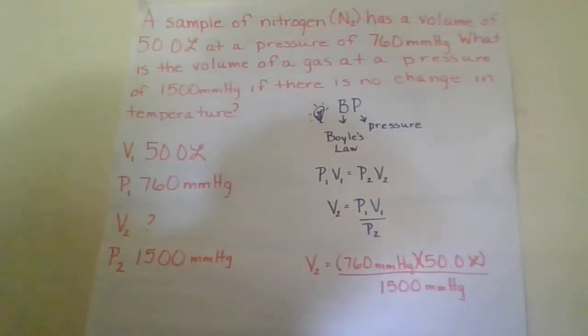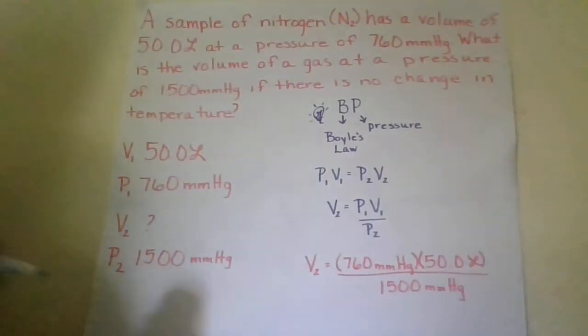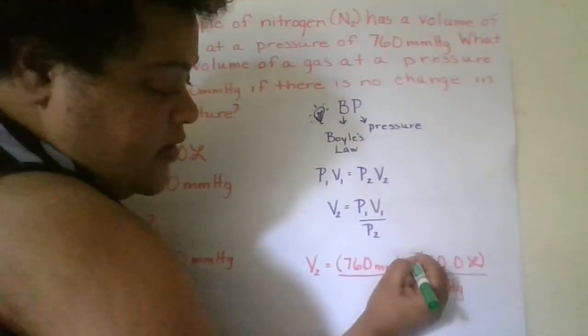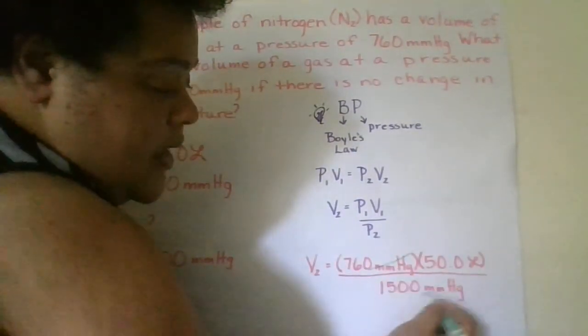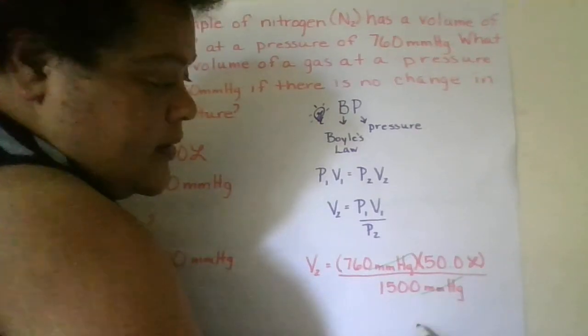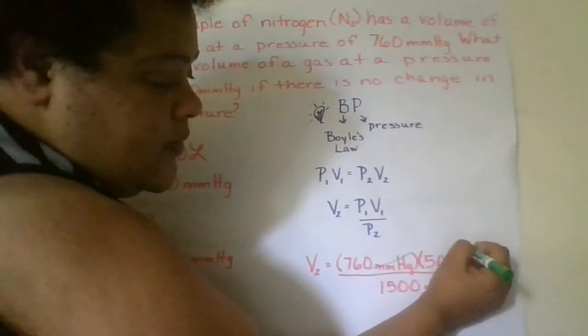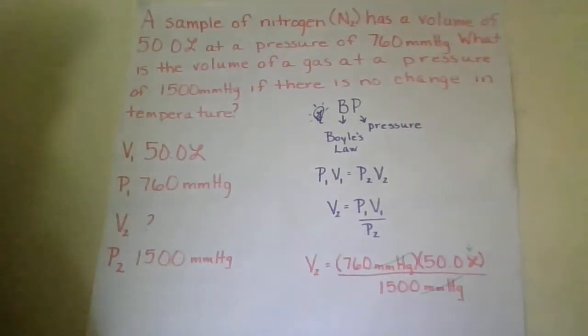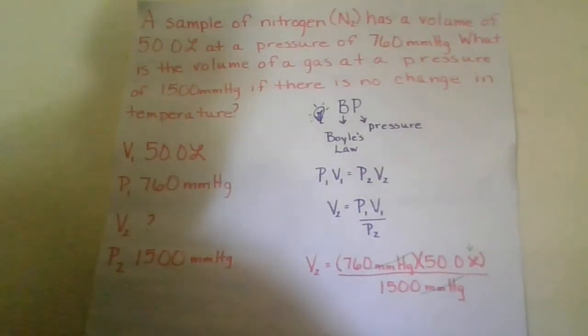So we know there's a millimeter of mercury on top and one on the bottom. And we're actually left here with the unit that we're needing to solve for. So let's go ahead and plug these in our calculator.